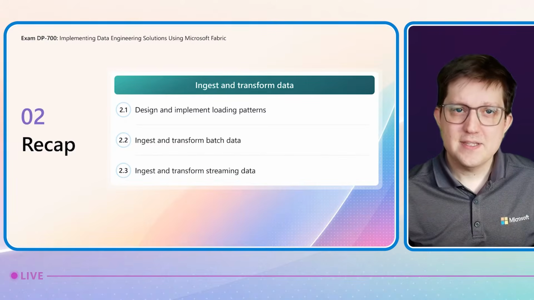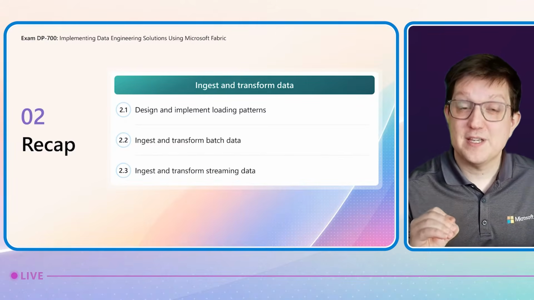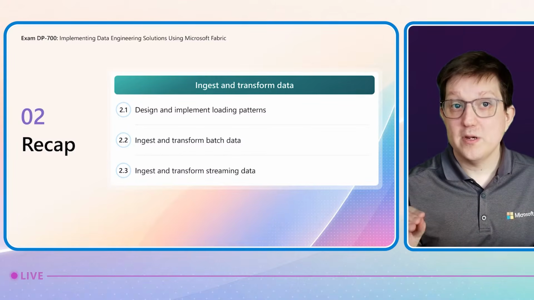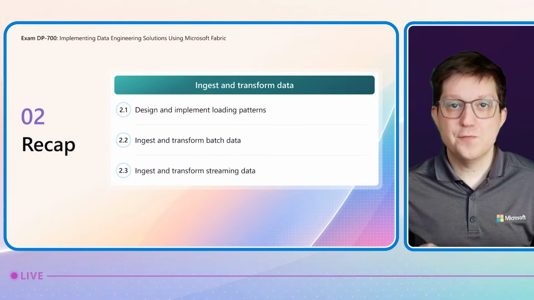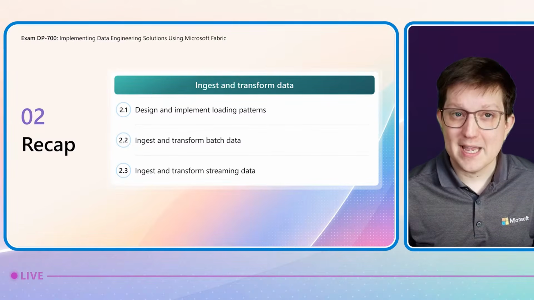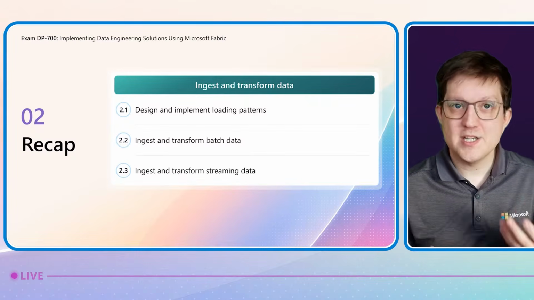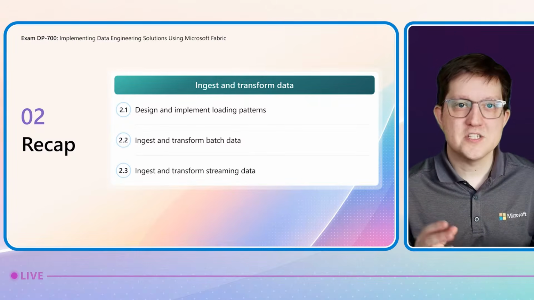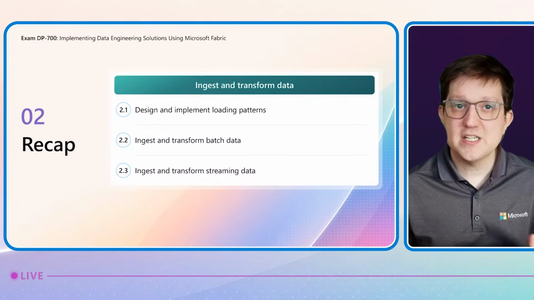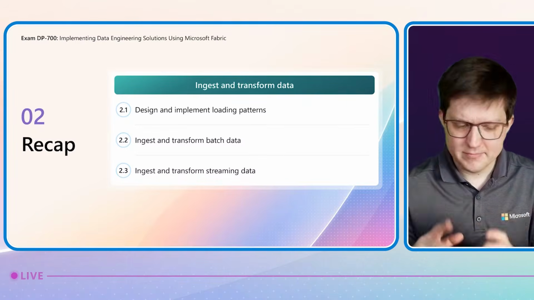With that, we have reached the end of our second objective. In the objective, we covered a bunch of things. Designing and implementing loading patterns, looking at incremental versus full, watermarking, dimensional modes, streaming loading data patterns, a whole bunch of things like that. We also looked at the ingesting and transforming of batch data. I talked about data stores, transformation tools, shortcuts, mirroring, ingesting via pipelines, transforming using PySpark, SQL, KQL, handling denormalization.